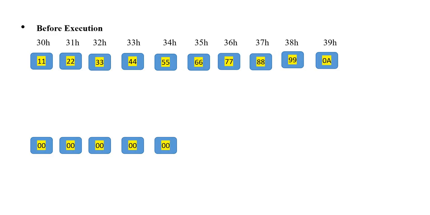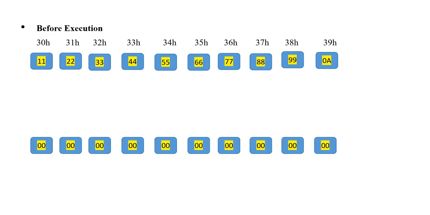Before execution, at memory locations 40H through 49H, all the data is 0, as we have not yet transferred the data.